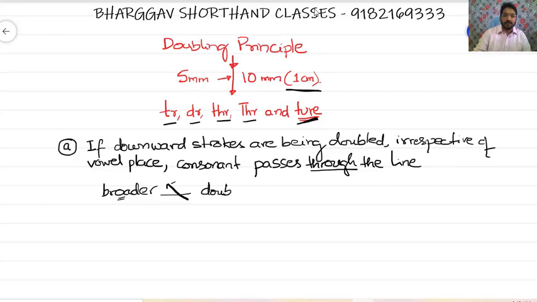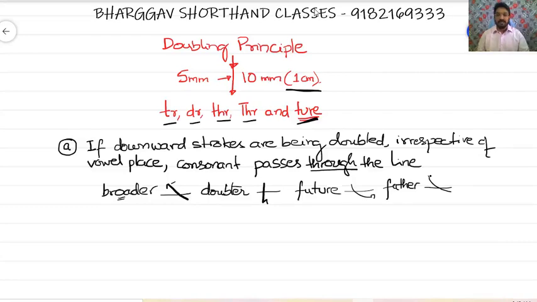Doubter, D doubled, O diphthong. Future, F doubled, U diphthong. Father, F doubled, first place. Any place, downstroke means if it is doubled, it passes through the line.